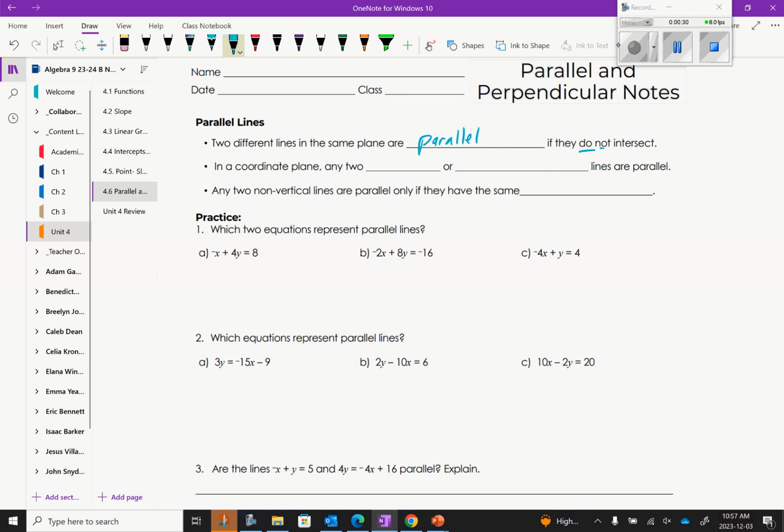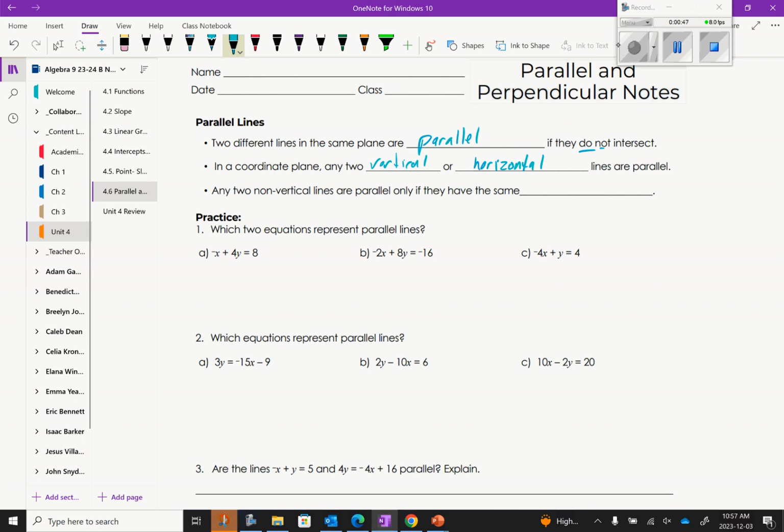So anytime that you have two lines that are both vertical or two lines that are both horizontal, then we say that those are parallel.